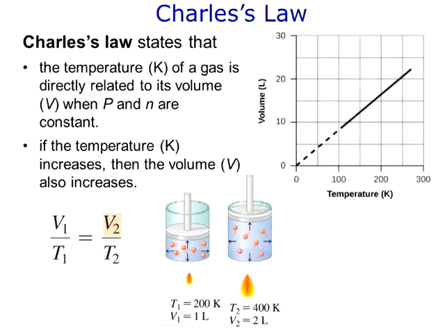We show you an example of how Charles's law is affected in the diagram where we have T1 at 200 K and V1 at 1 liter. The second set of conditions, change the temperature to 400 K. That means my volume must increase to 2 liters.